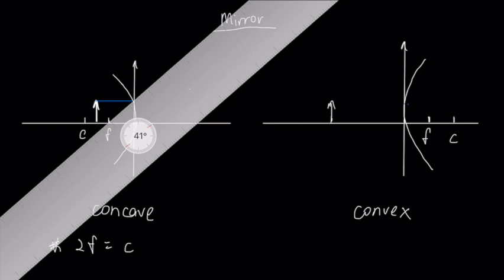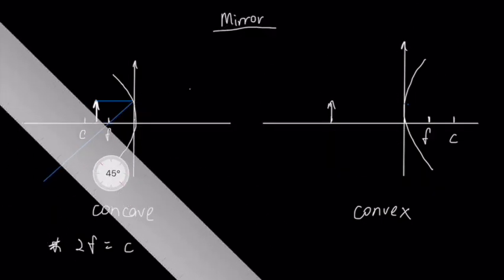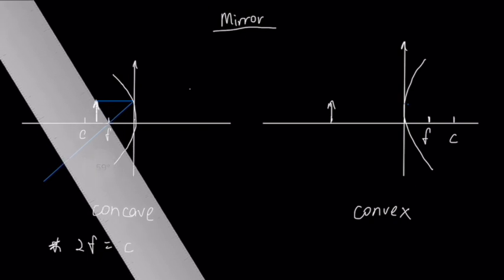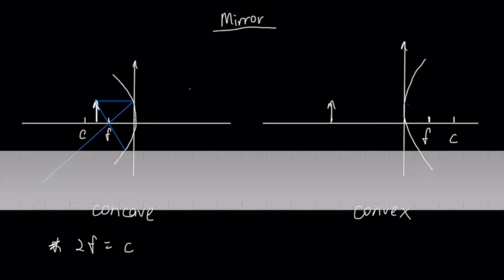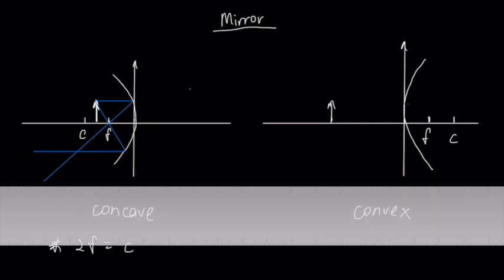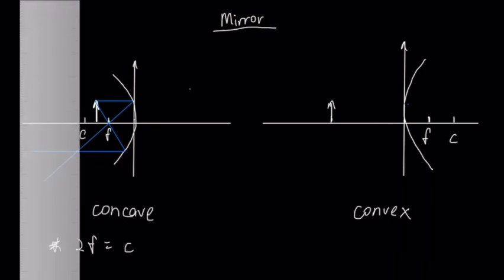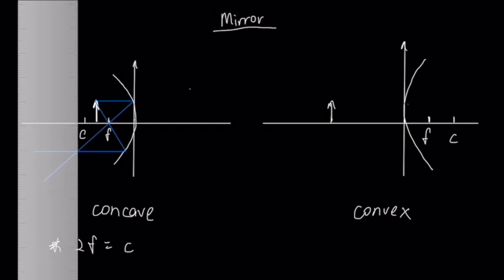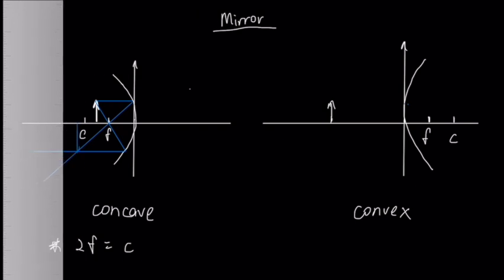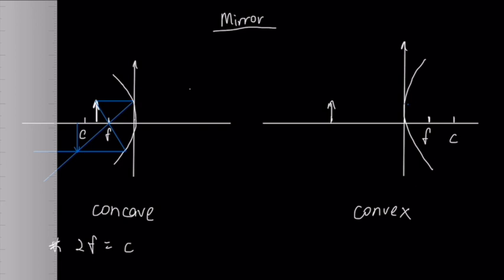Okay, let's draw it down here. Now probably you could see a little bit better that it is behind the center point, so in front, the image. So now the image is still real because it's inverted, but it is magnified.